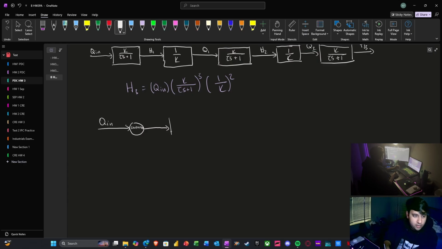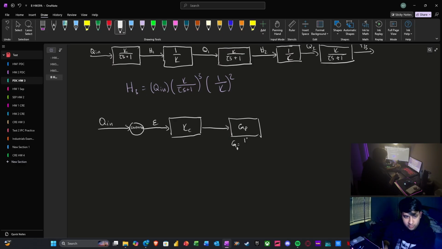This is going to go into our KC, and this flow is going to be considered our error. It's going to go into GP, where GP just equals K over tau S plus 1 cubed.